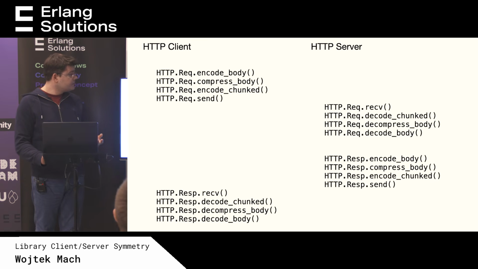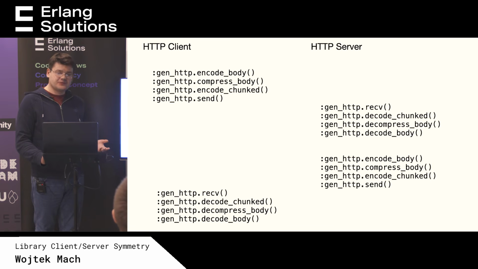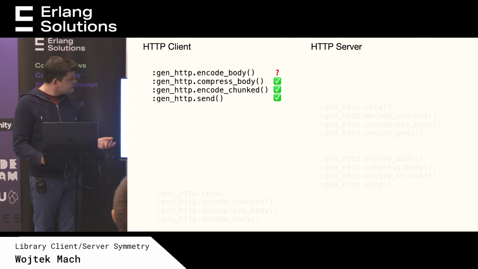And going back to that wishful thinking API, let's say we switch it to GenHTTP and go over it really quickly. I think compressing and encoding chunks, definitely sending over the network, to me, that's definitely part of this low-level network socket abstraction. Encoding body, though, I don't think so.